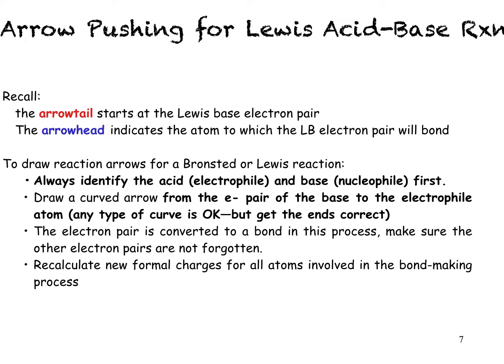And so here's an example of a Lewis acid, and this is actually a Bronsted acid as well. This is a reaction of cyclohexene with HCl. The pi bond of cyclohexene grabs the proton from HCl, and the electrons that were there to make the hydrogen-chlorine bond stay on the chlorine, so we have the arrow indicating that. So the HCl acts like the Lewis acid, and the cyclohexene pi bond is the Lewis base.